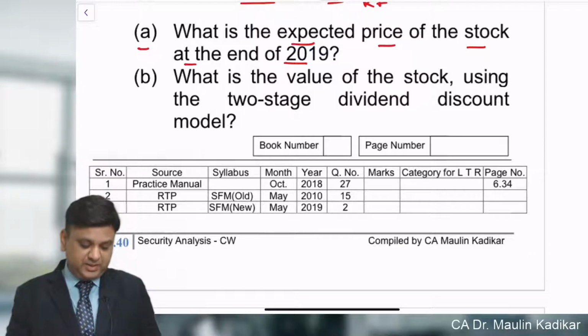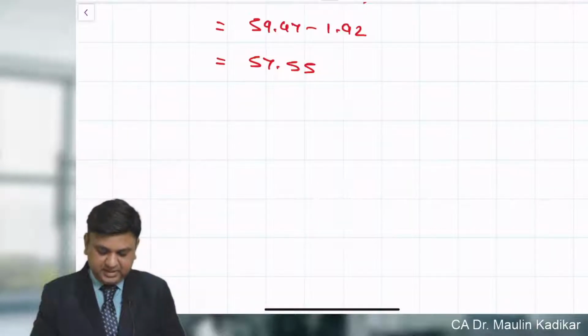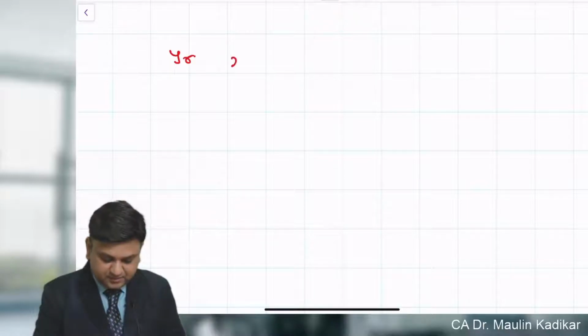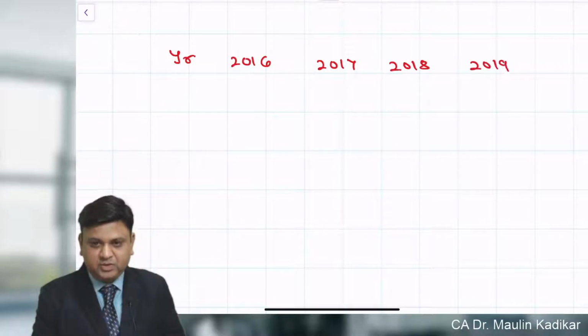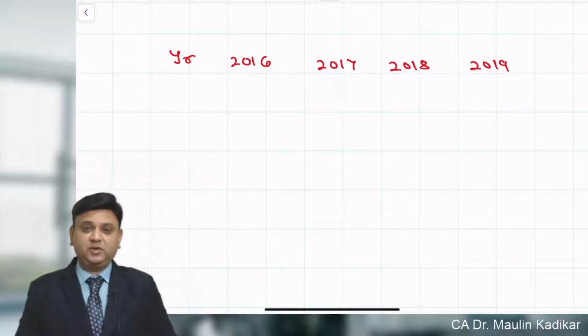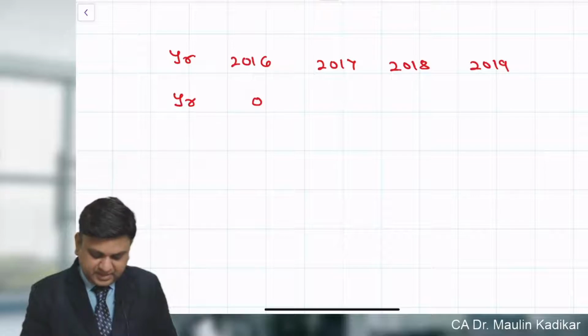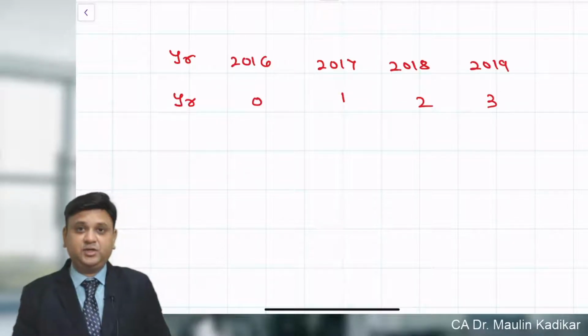Then the B question is provided to us, which we will read later on. I am just giving you an explanation of the first part of the question. If we consider right now as year 0, then 2016, 2017, 2018 and 2019 are the end of year 1, end of year 2 and end of year 3.